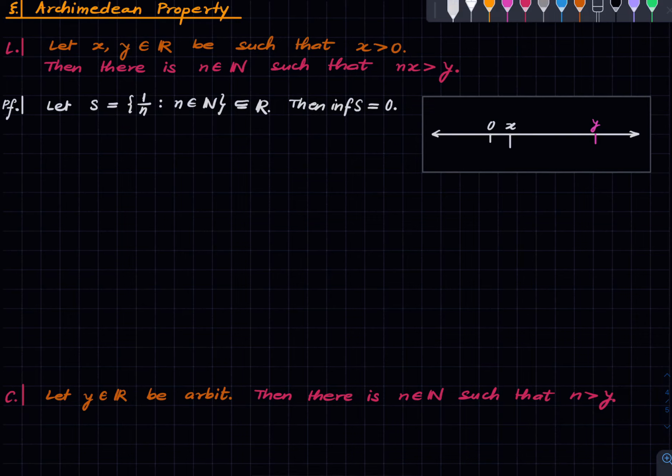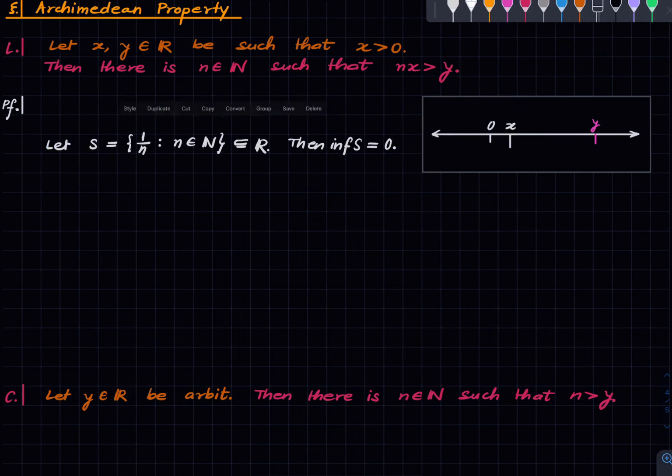Now, before I continue, if y were negative, then we were already done. Why is it clear? Because you can just take n equals 1. If y were negative, then of course a positive thing will be greater than a negative thing. So we may assume that y is positive or non-negative. In fact, I can just write y less than or equal to 0 here. That is also fine. So assume y is positive.